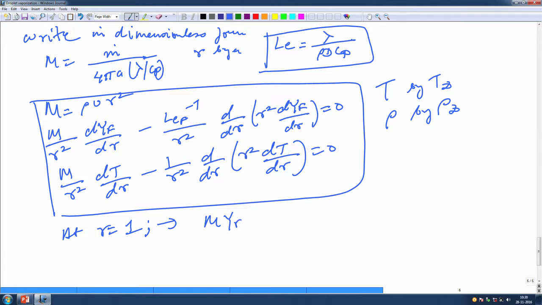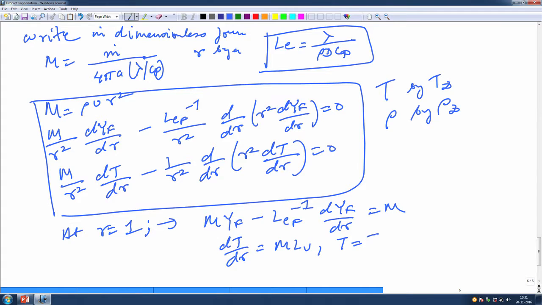The same boundary conditions now will translate to something like this. This is where the Lewis number comes in, as you can see, and dT by dr equal to m Lv, T equal to Ts, where your Lv is basically Qv divided by Cp T infinity.